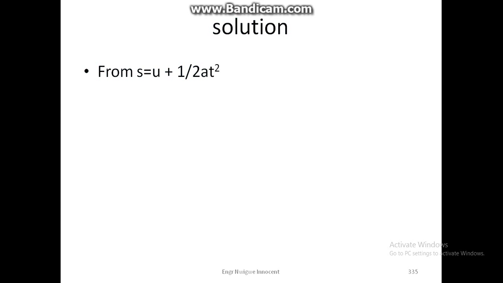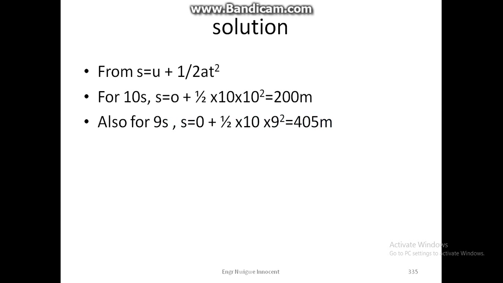From the second equation of motion, we have that distance s is equal to initial velocity times t plus half a t squared. For 10 seconds, the distance s is equal to 0 plus half times 10 times 10 squared, which will give us 500 meters.